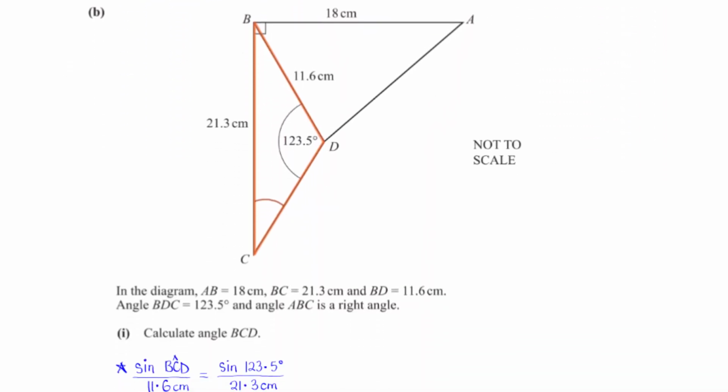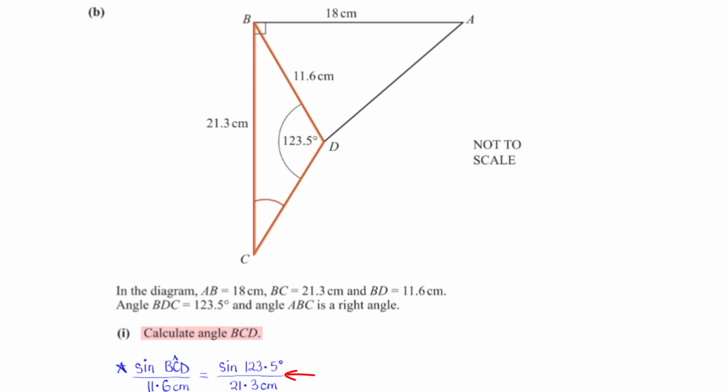In the diagram, AB equals 18 centimeters, BC equals 21.3 centimeters, and BD equals 11.6 centimeters. Angle BDC equals 123.5 degrees, and angle ABC is a right angle. Calculate angle BCD. To get angle BCD, we apply the sine rule to triangle BCD.